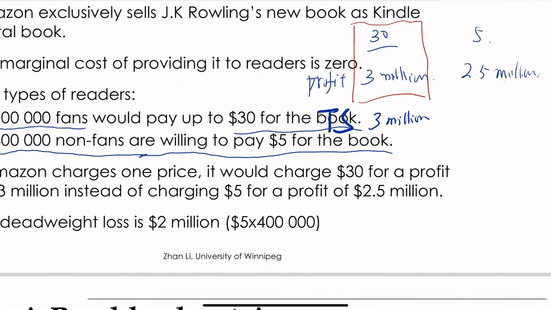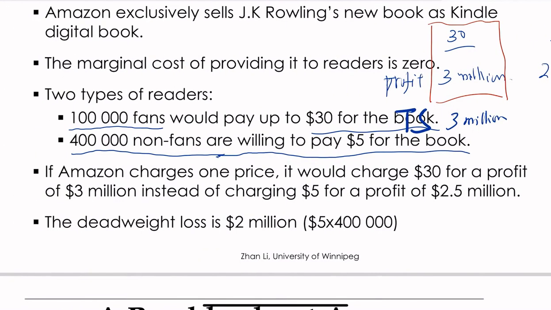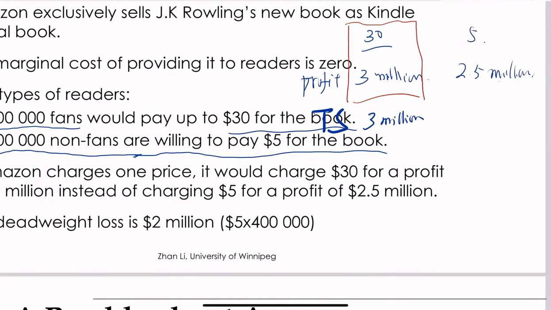Now, what about the other case? If price is 5, here you can see that the profit is $2.5 million. Now, what about the consumer surplus? Well, for the non-fans, at the price of 5, their consumer surplus is just 0. But for the fans, they do get some consumer surplus, right?